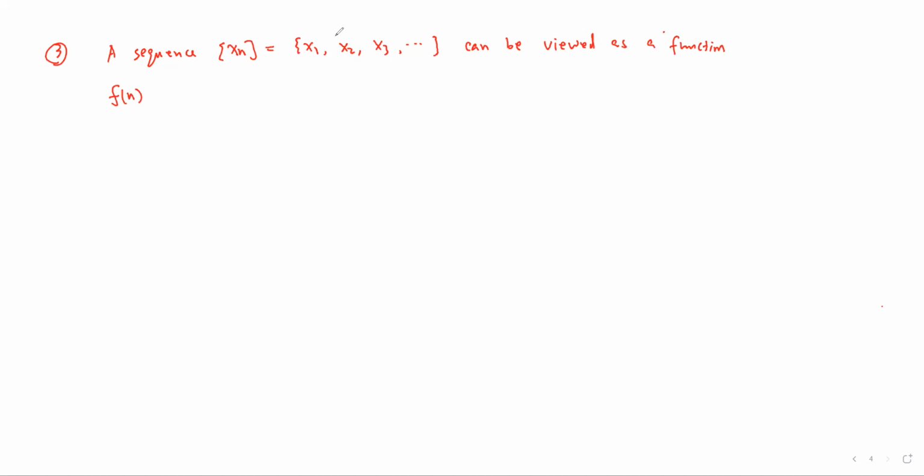When n is 2, the function value is x2. So f of n, the function value, is x_n. The domain of this function is the set of all natural numbers.